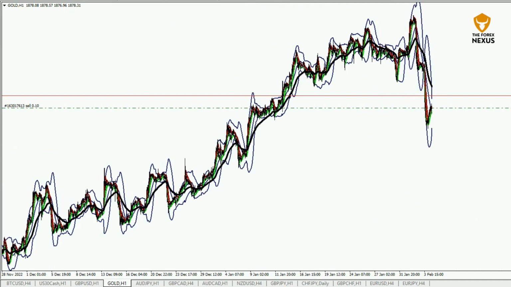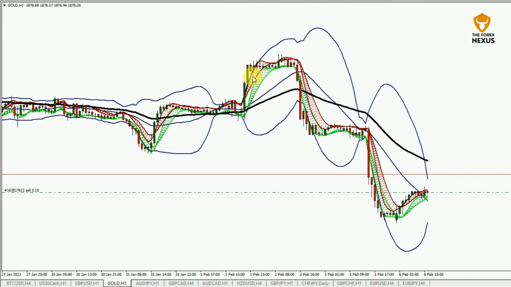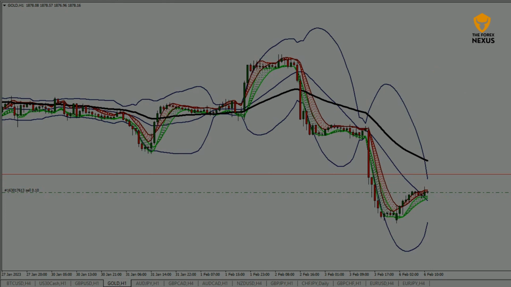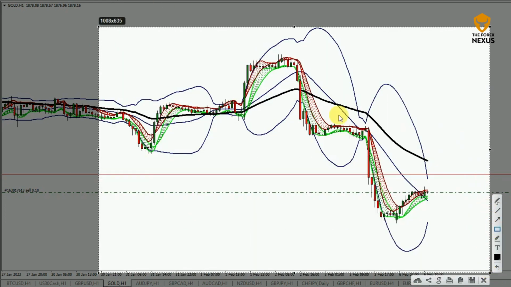Because at this point you can see why I'm suggesting not to take trades on extreme zones. This is the extreme zone, and you can see here the Bollinger band is still expanding, but at this point we got stoppage, right?